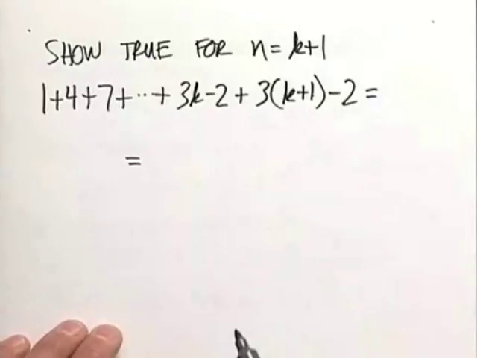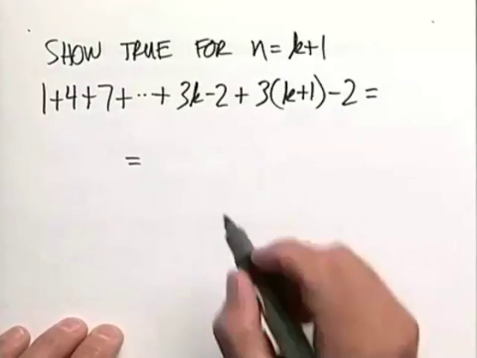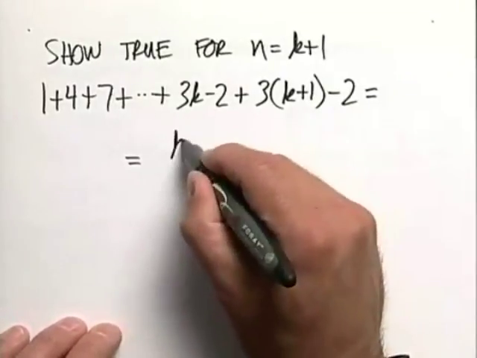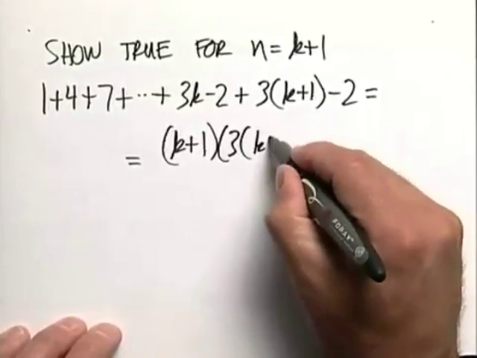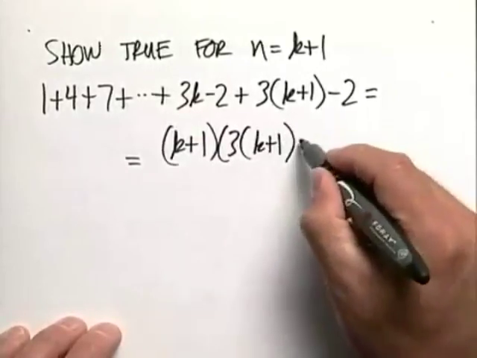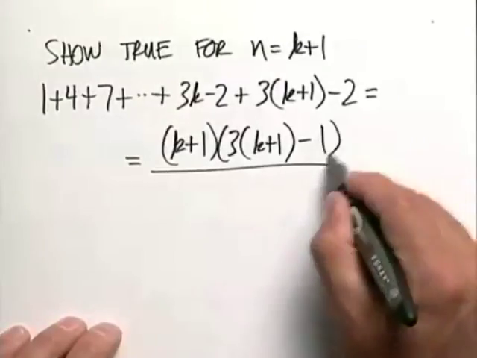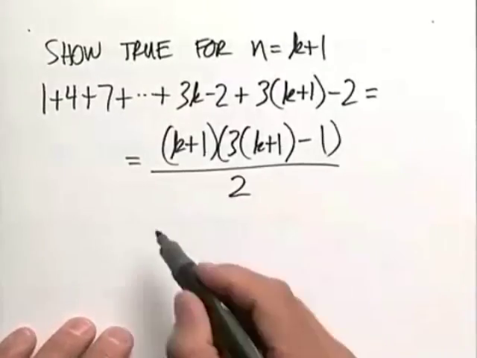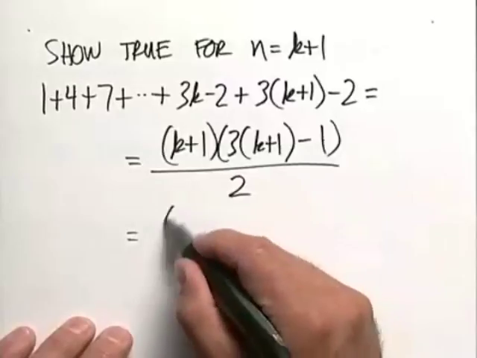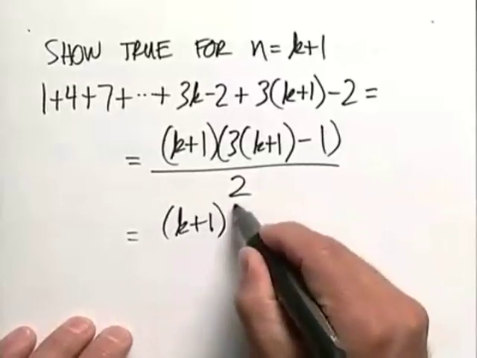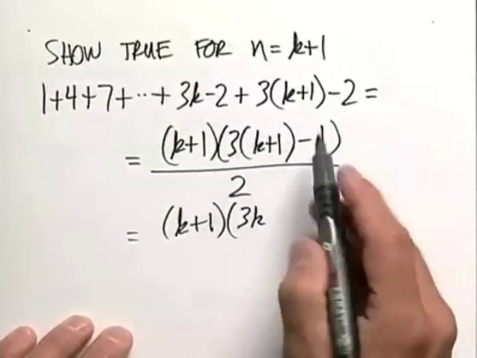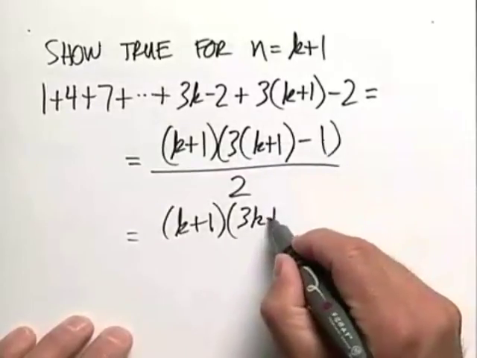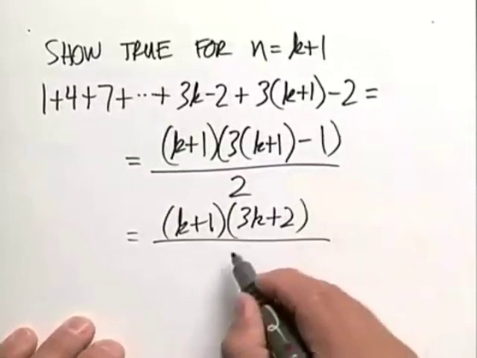We want to show that this formula is true on the right, so that we have the following: k plus 1 times the quantity 3 times k plus 1 minus 1, all over 2. So this is going to be our goal ultimately, and let me simplify that out. So we're going to have the quantity k plus 1 times 3k, and then we'll have 3 minus 1, which will give us a plus 2, all over 2.